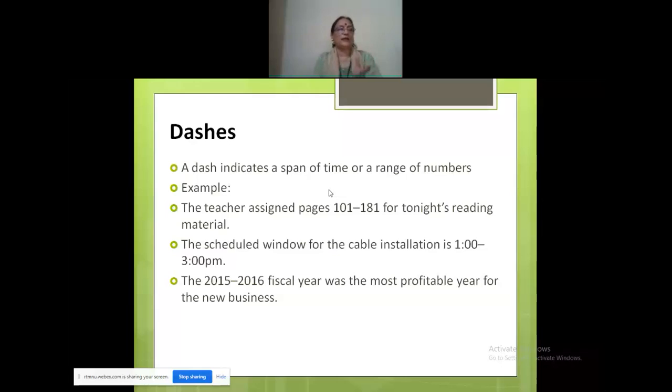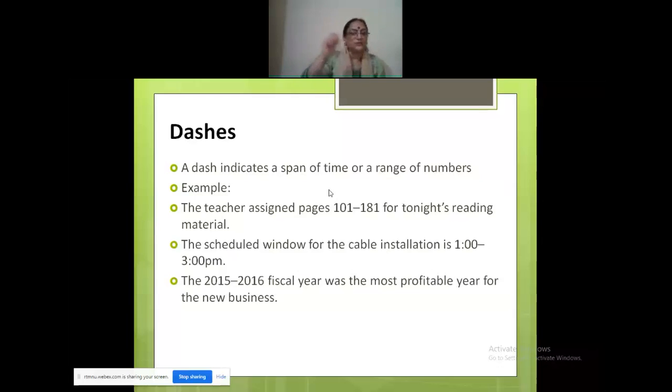What other functions does the dash have? Dash indicates a span of time or a range of numbers. So when we say page 101 to 181, the punctuation mark here is the dash. Sometimes we don't know whether it's a hyphen or a dash, so that's a dash there. The scheduled window for the cable installation is 1 p.m. to 3 p.m. Again, dash.